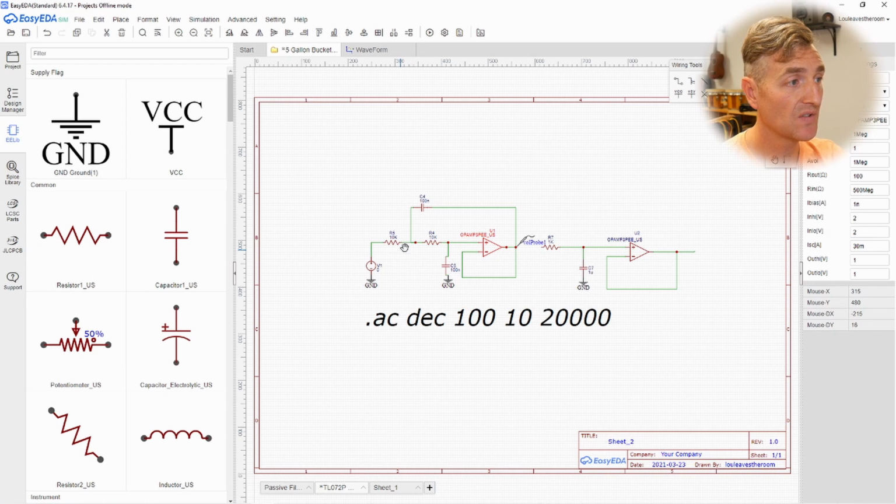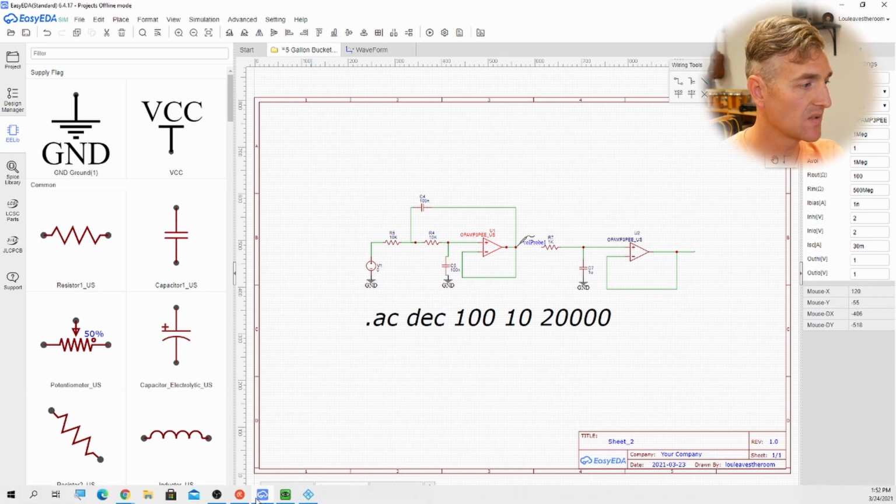So I have a 10K resistor into a 100 nanofarad capacitor, which connects to the out, and then a second stage. So this is a second order low-pass filter using my TL072, so 1/2 of the TL072.